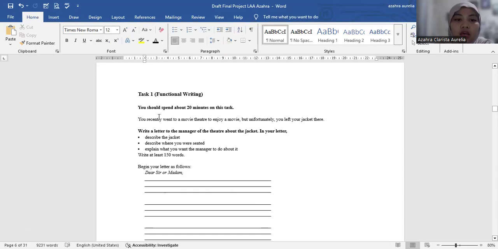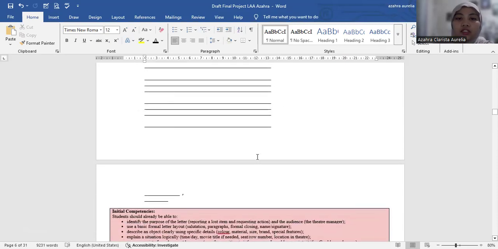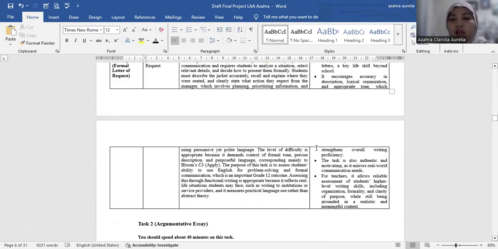Also, it really reflects real-life problem solving because they also have to explain what they want the manager to do about it. And the benefit of this task is that the students can develop formal communication skills, which are important for academic and professional contexts.